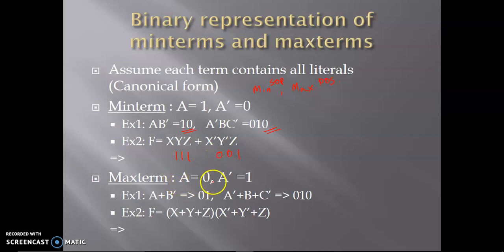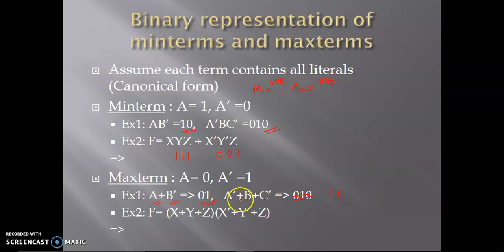For max terms, A is 0 and A bar is 1. Take examples. A plus B bar means A is in the true form, therefore 0. B is in the complemented form, therefore 1. A bar plus B plus C bar is 0, 1, 0. Is that right? No. A bar plus B plus C bar is 1, 0, 1.